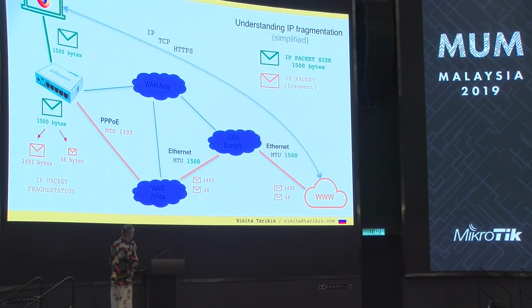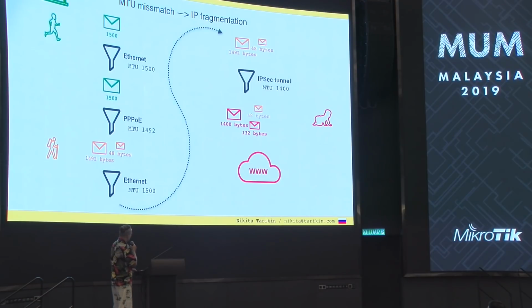But as soon as it reaches the router where there is a PPP or any VPN tunnel, it will break the packets. It will split because the big packet will not fit inside this tunnel. So the router will split it into 2 or more. So that's how it happens.